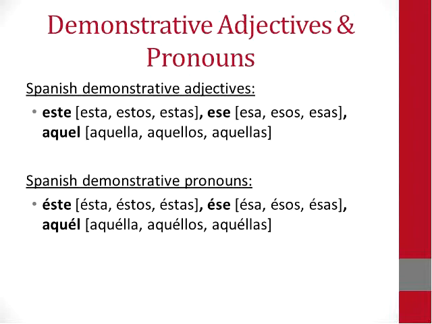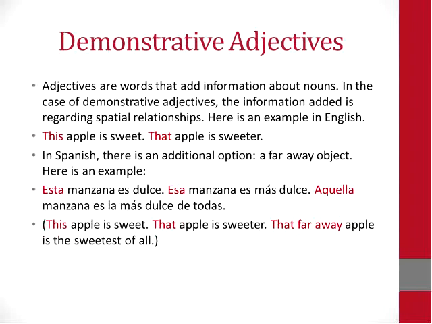And look at how Spanish demonstrative pronouns are identical. Same thing, you just need to remember you're using the accent mark to distinguish when you're using an adjective or a pronoun. For this one, our accent mark would be on the E throughout. Same thing here, and the E for aquel. Aquella, aquellos, aquellas. So same thing, just remember one uses the accent mark and the one we went over today does not.